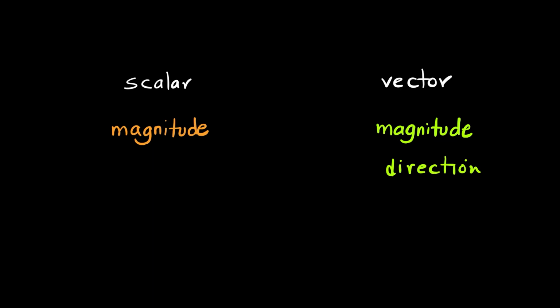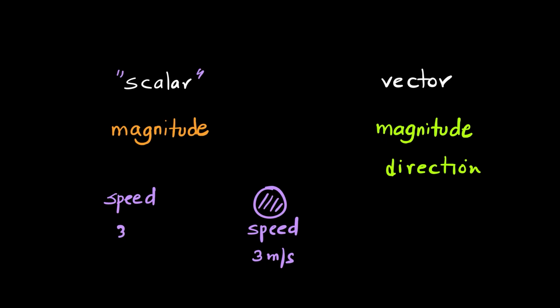Let's take the example of a ball which is traveling with a speed of 3 meters per second. Now, if I talk about speed, speed is a scalar quantity because it only has magnitude.